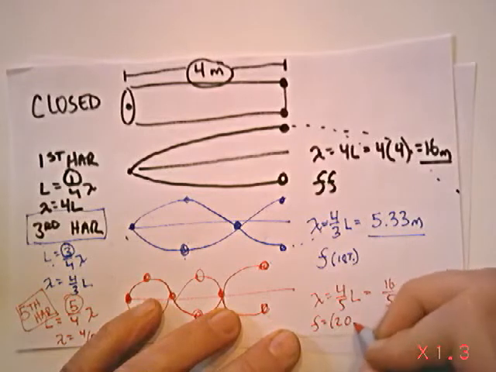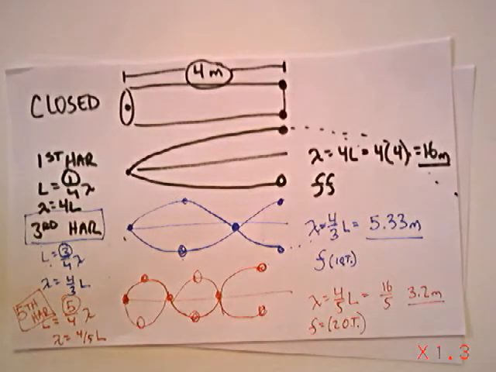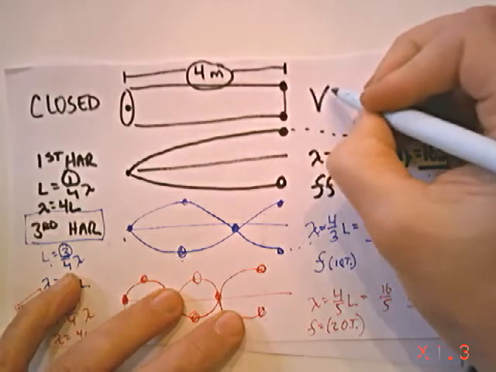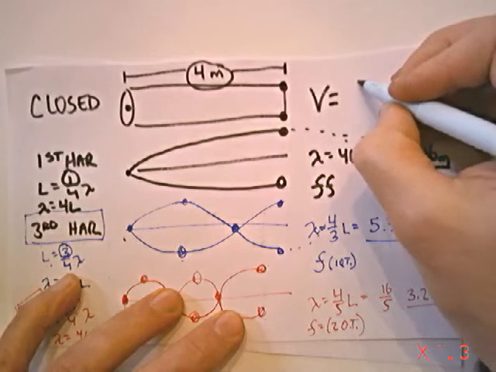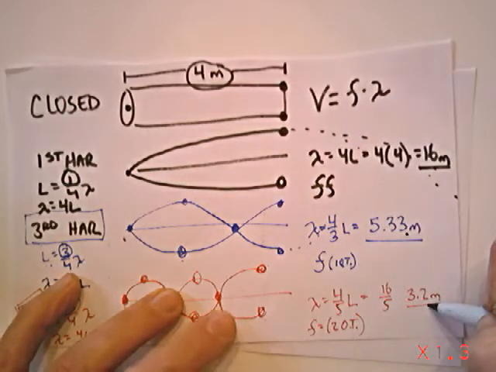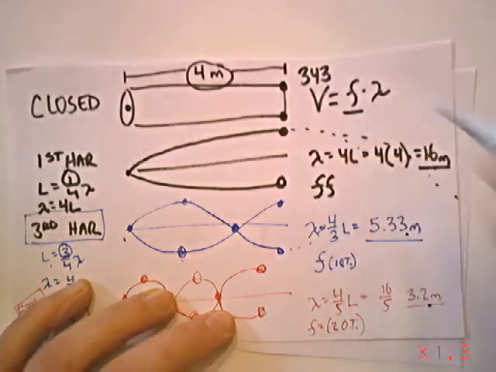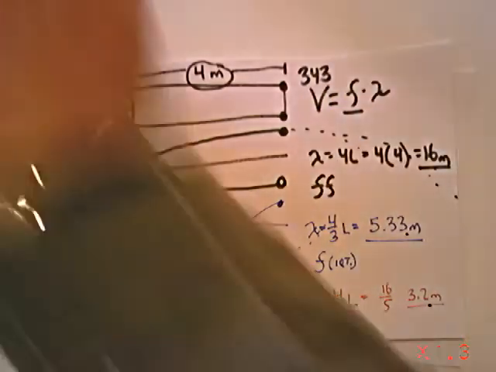So those names don't change, even though the names or numbers of the harmonics change. So, like we talked about last time, if V equals frequency times wavelength, and now we know our wavelengths, and we know V is always 343, we can then solve for our frequencies.